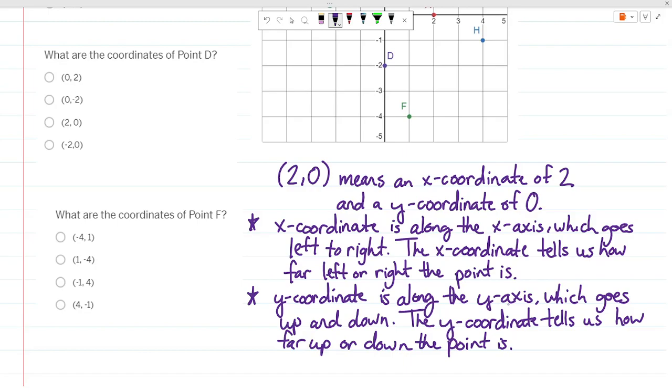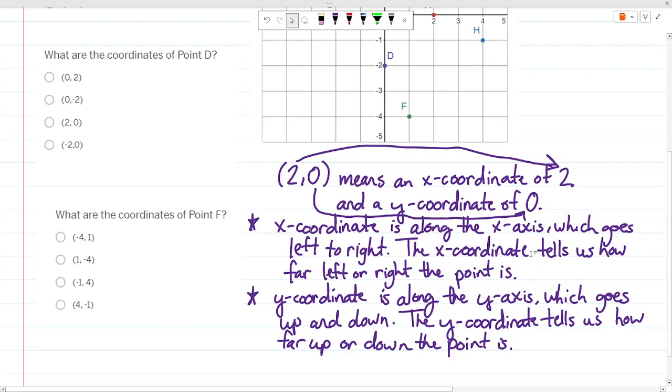Again, the x-coordinate comes first, and the y-coordinate comes second, every single time. Now pause the video, make sure you have these notes down in your notebook, and then let's go through and look at these points.